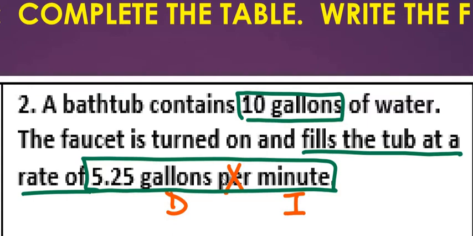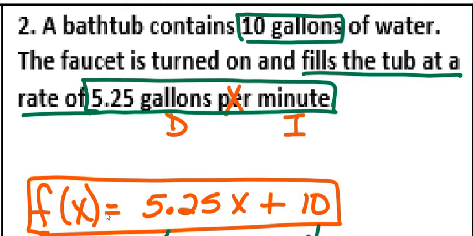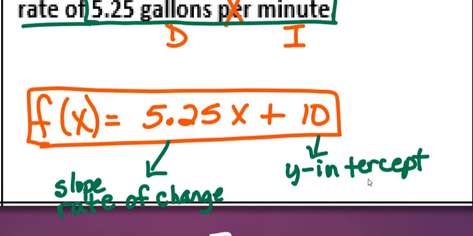Here's my per, my keyword, and I'm going to put an x over here, which means this is your variable x. When I write this as a function, I have f of x equals 5.25x plus 10. So I have 5.25, and there's my x. We started with 10. So 5.25 is your slope or rate of change, and your y-intercept is 10 because this is where you started from.